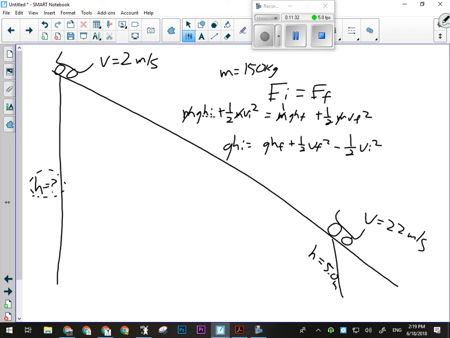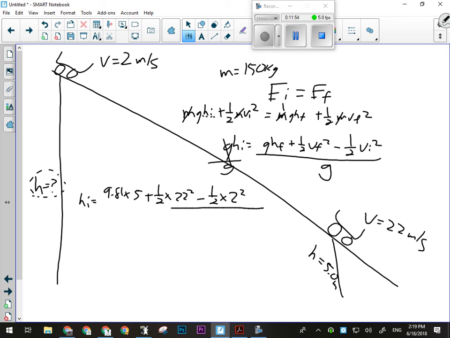And then I want hi by itself, so I divide both sides by g. So the initial height equals 9.81 times 5 plus 1/2 times 22 squared minus 1/2 times 2 squared, divided by 9.81.